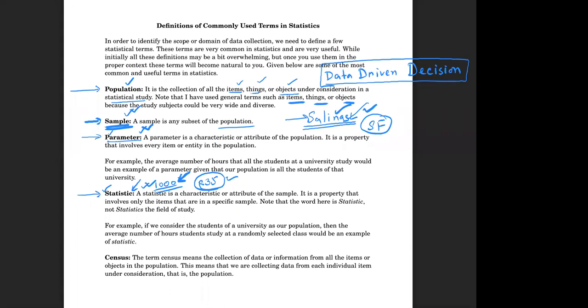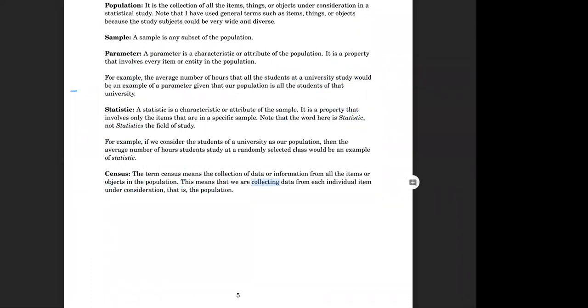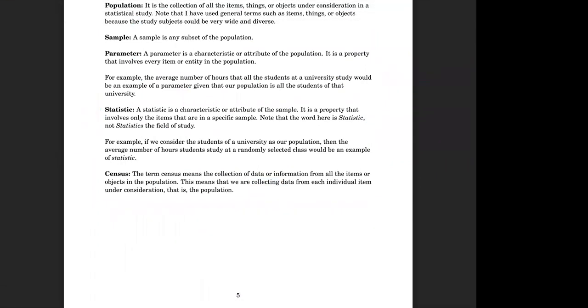Now, census, so you have heard of government census, right? Census means you collect data or information from all the items or objects in the population. When we say that we are doing a census, in theory, we collect data from everybody, okay?